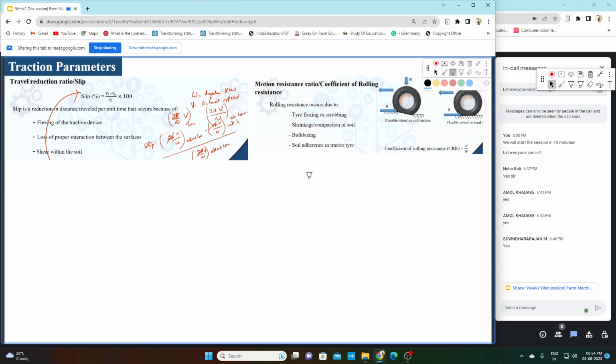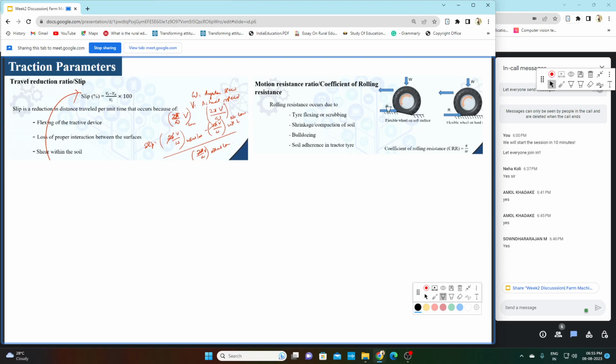Next is motion resistance ratio, or coefficient of rolling resistance. In the previous slide I told you that thrust takes into account two forces: one is rolling resistance and one is pull. You can see here, this upper arrow is your direction of travel. The rolling resistance will always act in the direction opposite to the direction of travel.